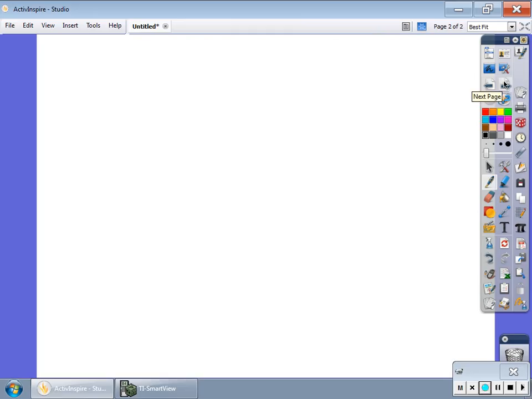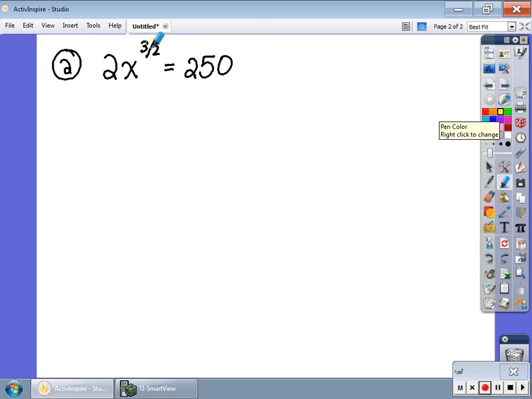The next one we're going to do, example number 2, is a little bit different. 2 times x raised to the 3/2 power is equal to 250. Now again, you want to get the variable all by itself. And so I'm looking here, I see x raised to the 3/2 power.